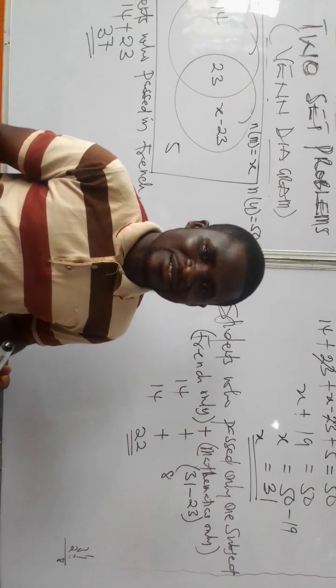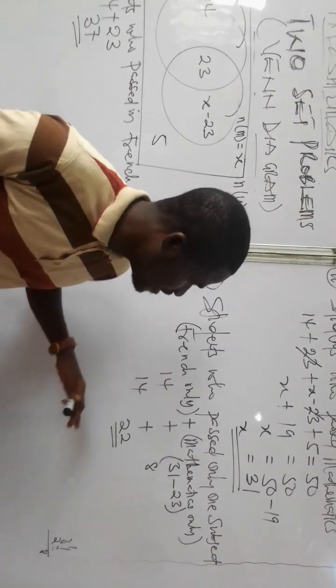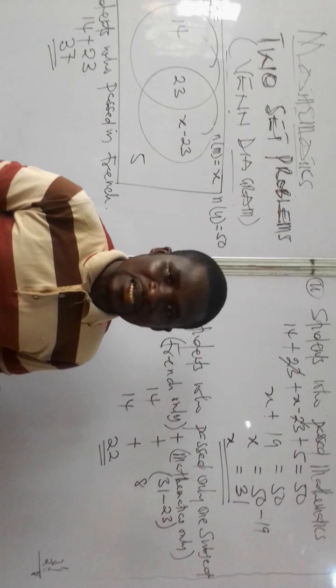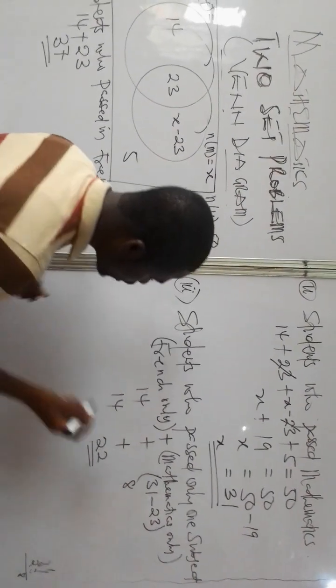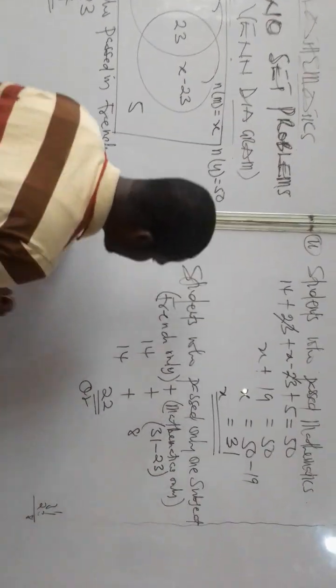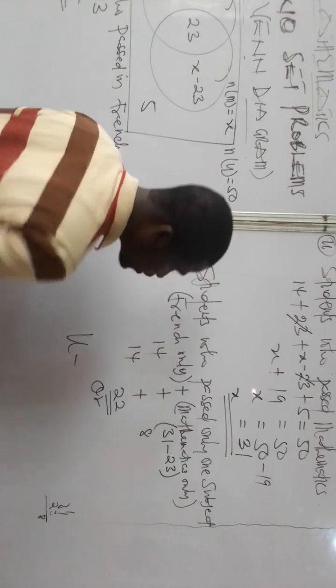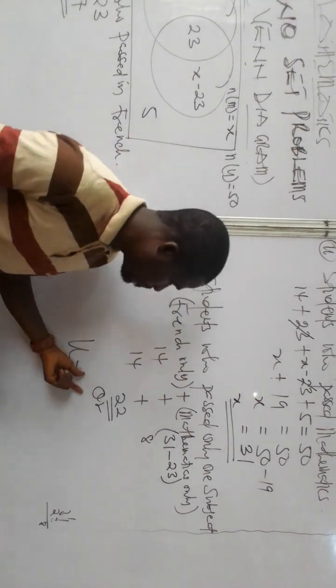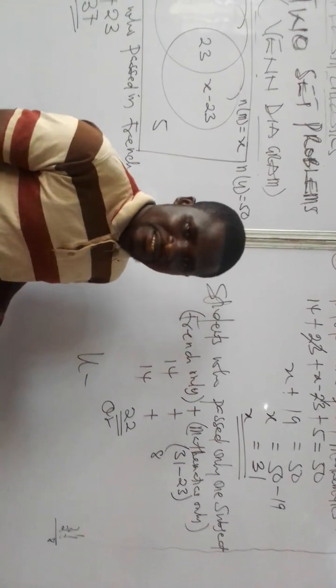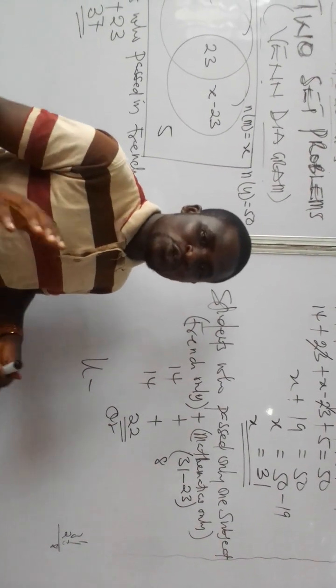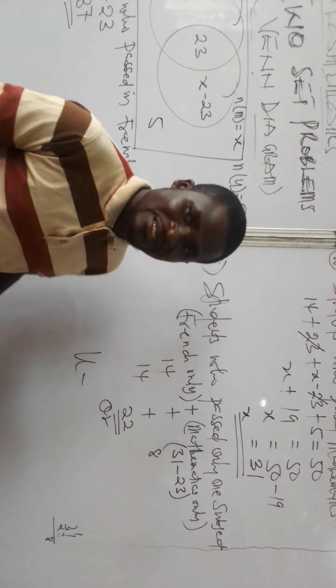Let's look for another method that we can use to determine those who passed only one subject. You can also do it this way: the universal set minus those who passed both subjects and those who did not pass any of the subjects.